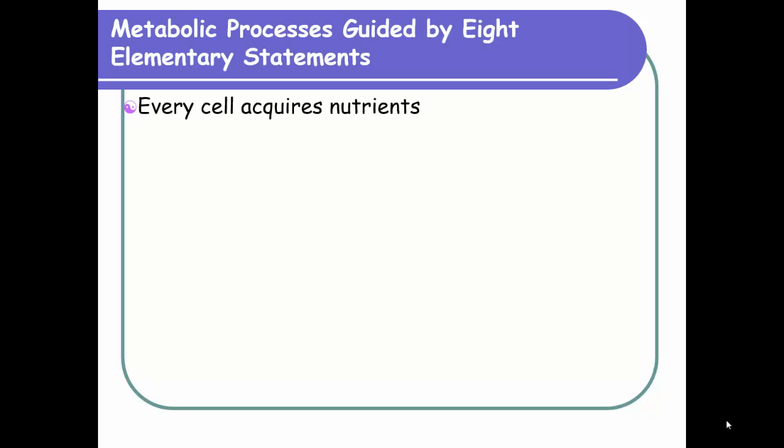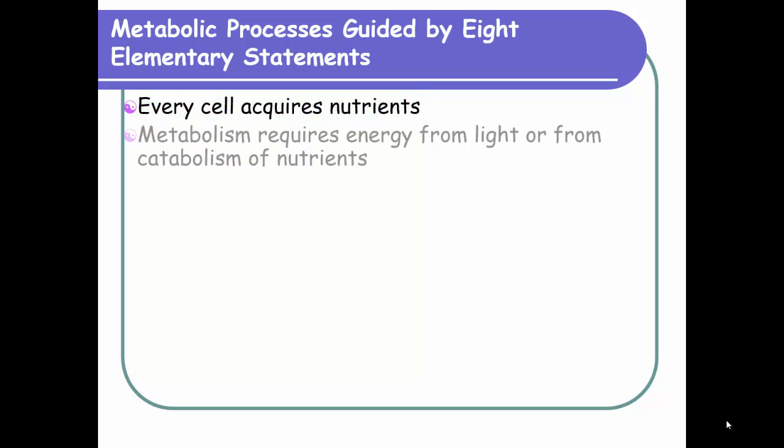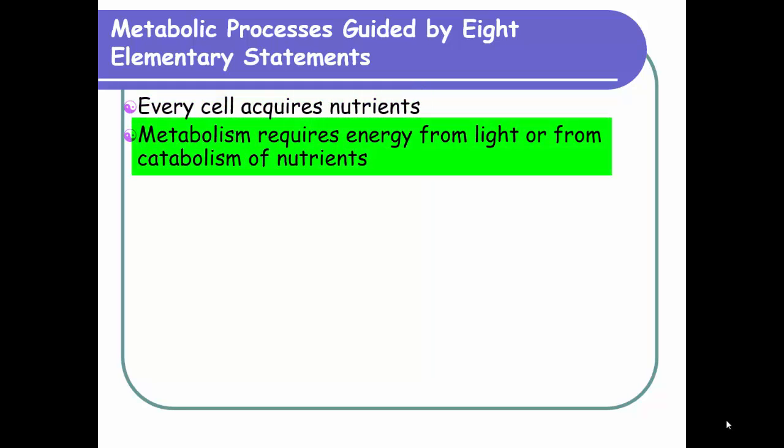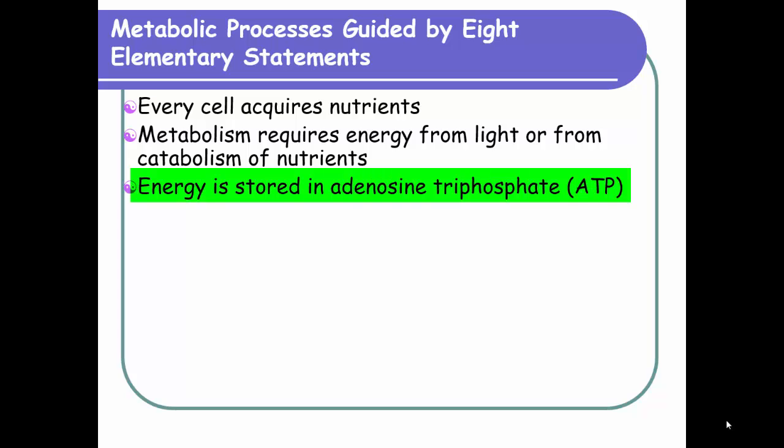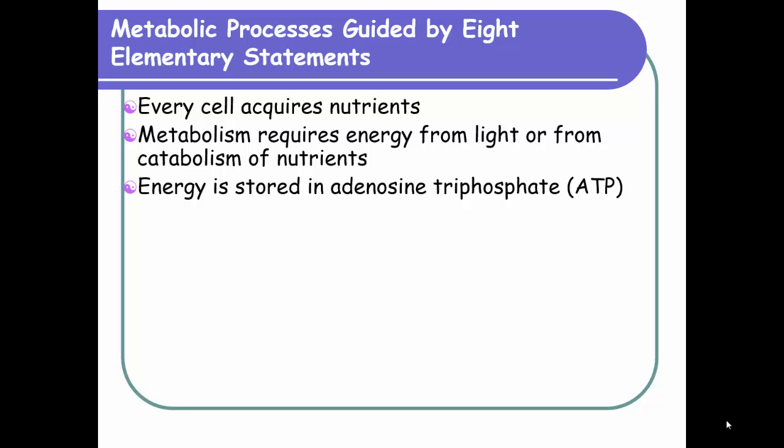Metabolic processes are guided by 8 elementary statements. First, every cell acquires nutrients somehow, some way. Metabolism requires energy from either light or from catabolism of nutrients. Energy is stored in the form of adenosine triphosphate, ATP, the only form of energy a cell can use.